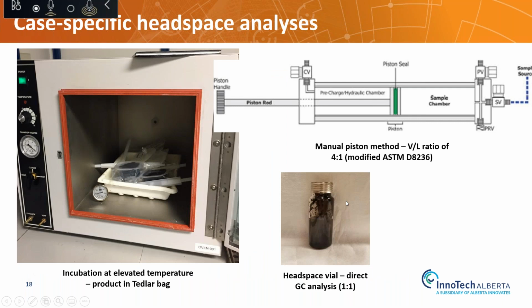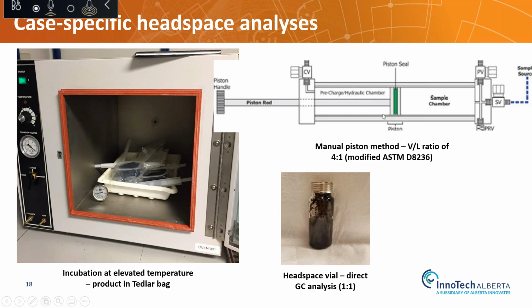And we can do these tests, or we have done these tests, at different temperatures to simulate different conditions, different types of setups. I mentioned the Tedlar bag, but there are also some little 22 ml vials where you can adjust the headspace to product ratio.